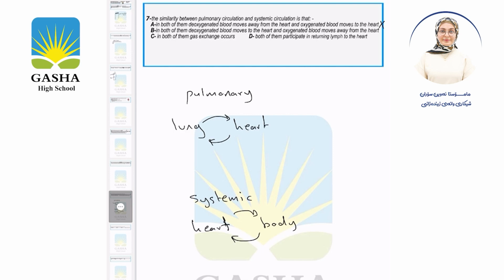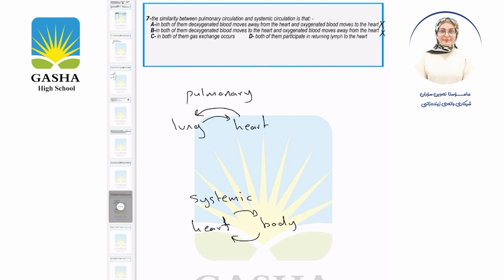This one also is incorrect. Why? Because in pulmonary circulation, blood goes away from the heart and goes to the lung. When I say the blood goes to the lung, I mean the deoxygenated blood goes to the lung. So B is incorrect also.